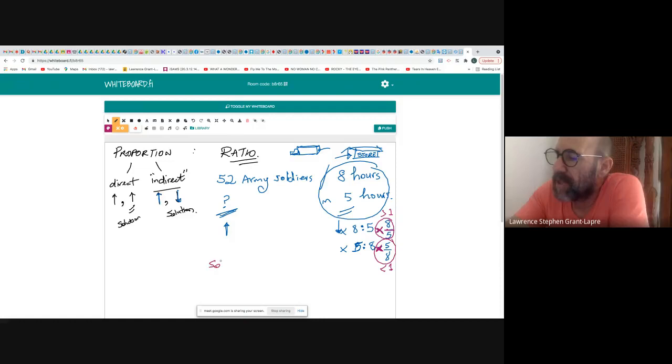So our solution is, we have 52 soldiers, and we want to increase the number of soldiers. So we have to choose to multiply by 8/5. If you multiply by 8/5, you will get a bigger answer than 52.